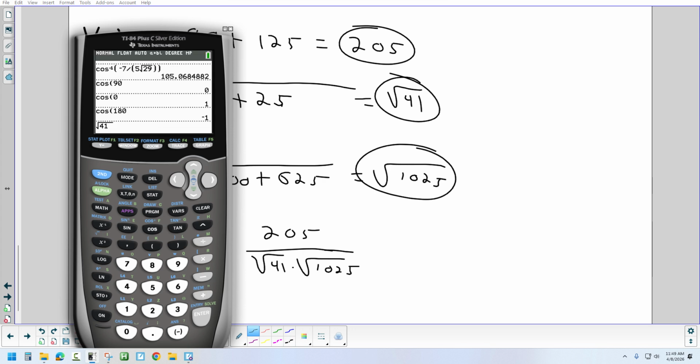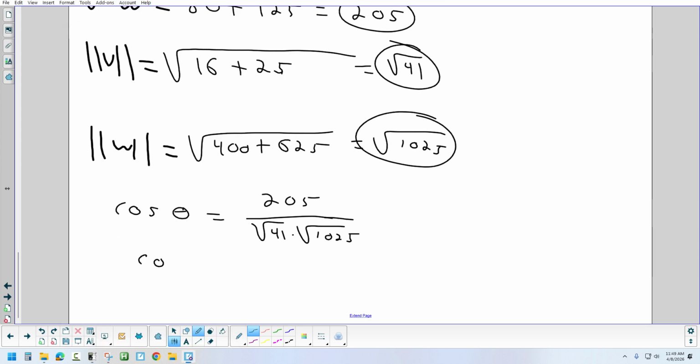Square root of 41 times the square root of 1,025 gives me 205. So now I've got cosine theta equals 205 over 205, and we've already reasoned out what happens from there. Because they're the same, I'm going to get an angle that makes them parallel.